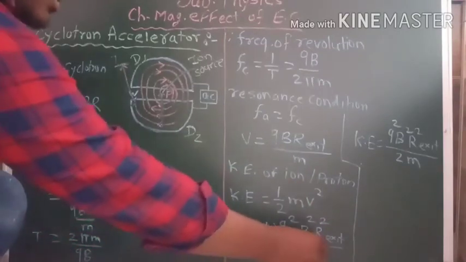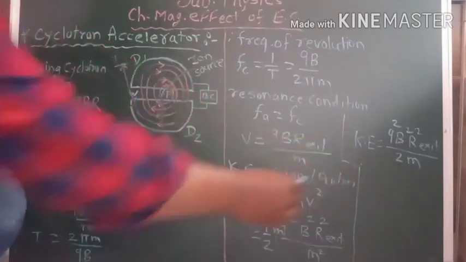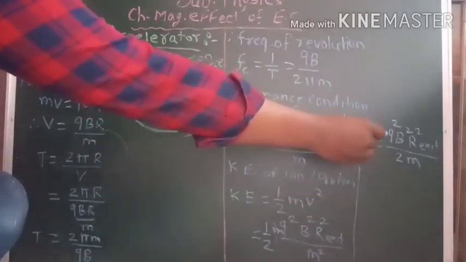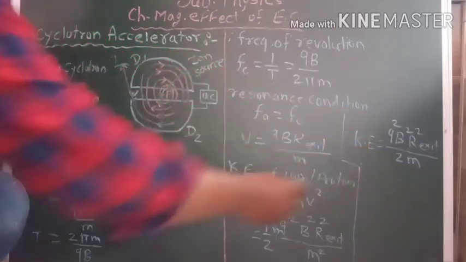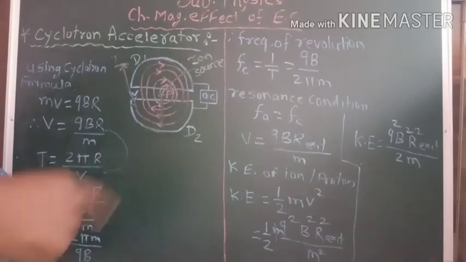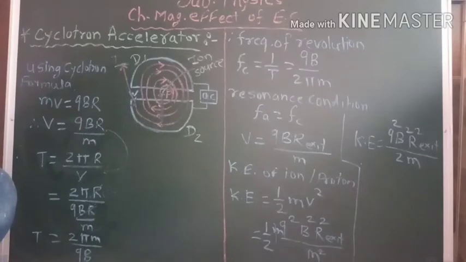This m and one m cancel. Kinetic energy is equal to Q square B square R exit square upon 2m. This is the kinetic energy, and thus the final energy is proportional to the square of the radius of the outermost circular path.